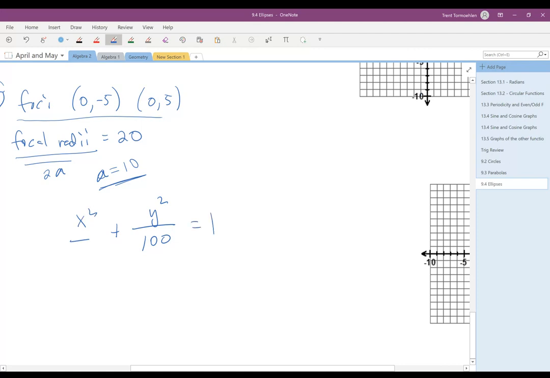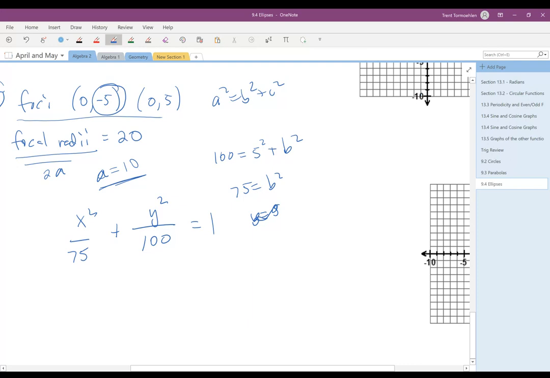Well, the way we find that is, we know that c is going to be 5, and so it's going to be 100 equals c squared, which is 5 squared, plus b squared, because a squared equals b squared plus c squared for these problems. And so that means that b squared is going to be 75, which is actually all that we need to know for this problem.